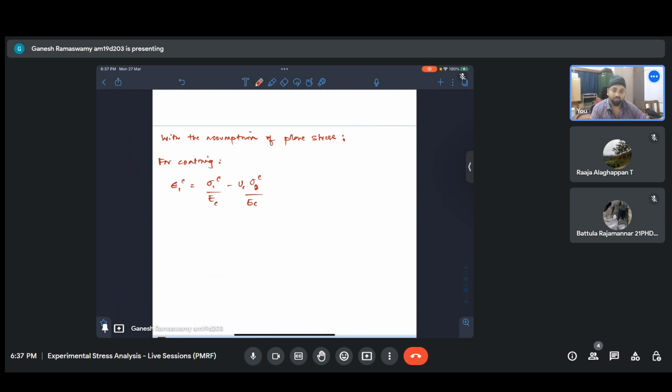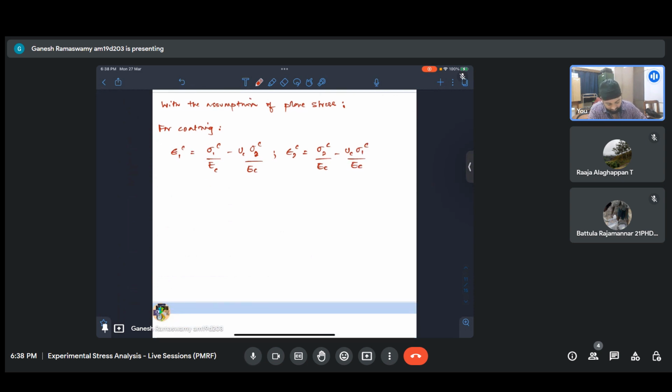The third stress is 0. Similarly, we have epsilon 2C as sigma 2C by EC minus mu C sigma 1C by EC. So if we take epsilon 1C minus epsilon 2C, we get this relation.